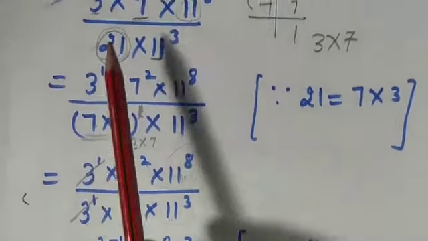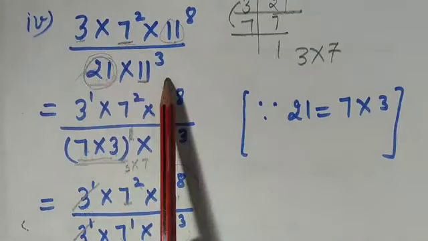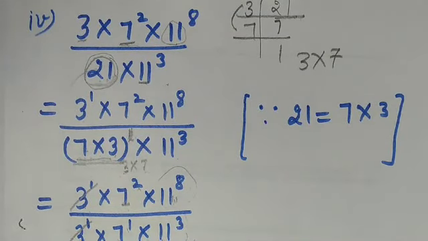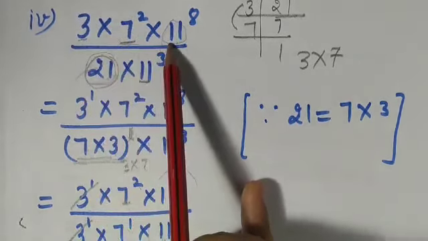Let me explain it again. So first step, this is the given question. First step, convert each composite number into powers of primes. You have to consider the base. You have to convert each base into primes. This is already prime, this is already prime, this is already prime.